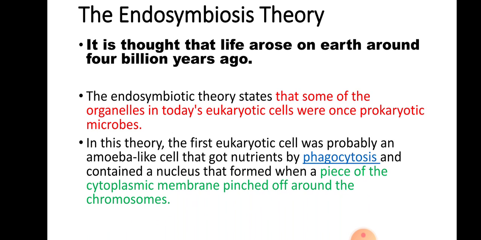At first there was no nuclear membrane. As you know, the prokaryotic cell has no nuclear membrane, while the eukaryotic cell has a nuclear membrane. How is the nuclear membrane formed? It is formed when the cytoplasmic membrane pinches off and comes around and surrounds the chromosomes inside of the cell.